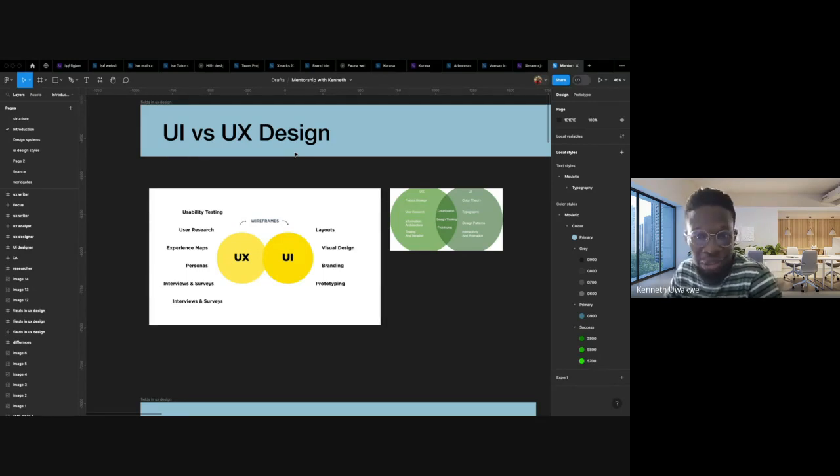Recall what I said: UI means the interface. For instance, this Figma app we are seeing here, this is the UI or the user interface of Figma. There's a whole lot on Figma's interface that makes it quite easy for me to use. The people that built Figma did several research, understood their user behaviors, who their users are.